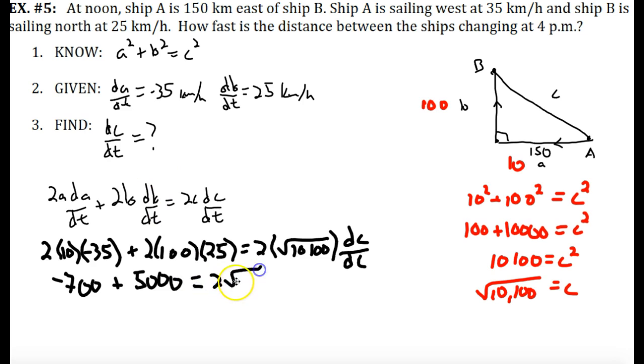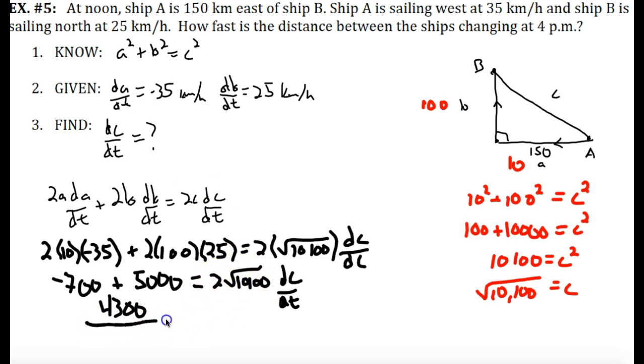Equals 2 times the square root of 10,100 dC/dt. So we get 4,300 over here, and then in one step I'll go ahead and also divide by this.